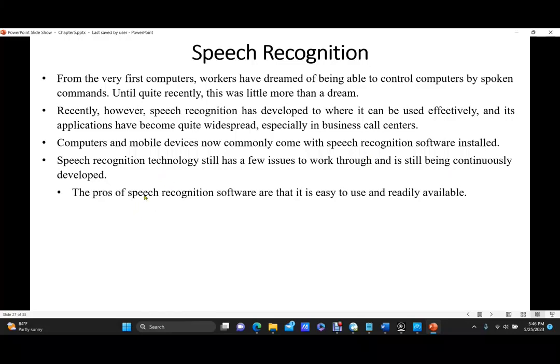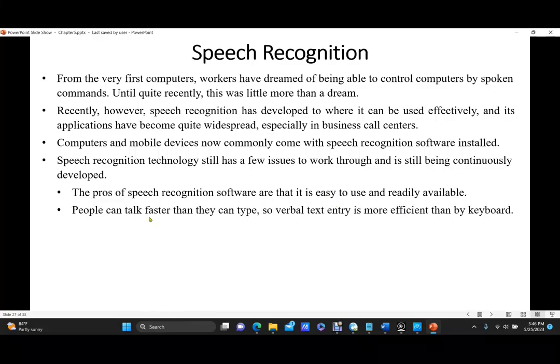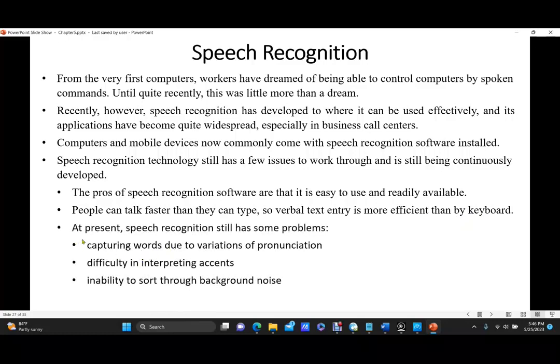The pros of speech recognition software are it's easy to use and readily available. People can talk faster than they can type, so verbal text entry is more efficient and faster than keyboard entry. It still has a few problems capturing words due to variations in pronunciation, difficulty in interpreting accents, and inability to sort through background noise.